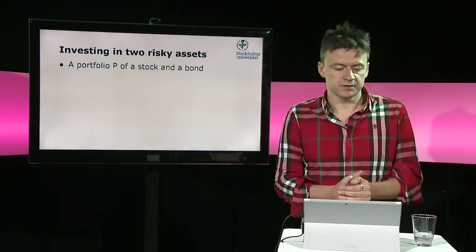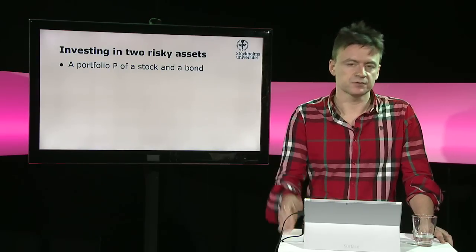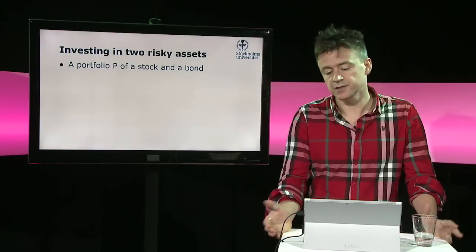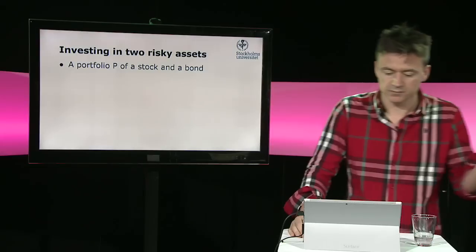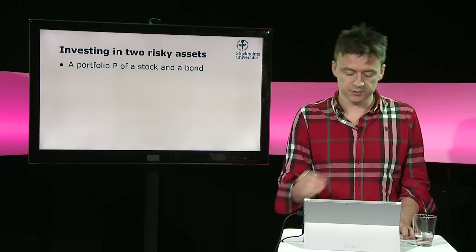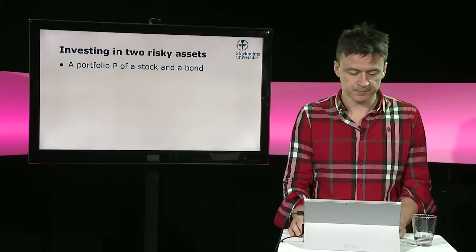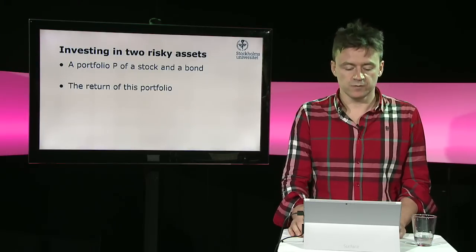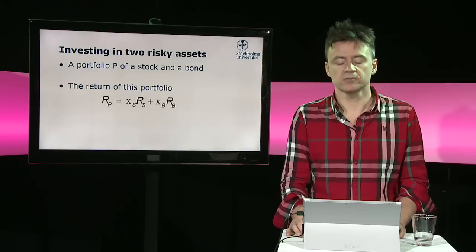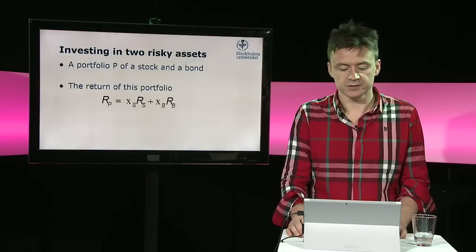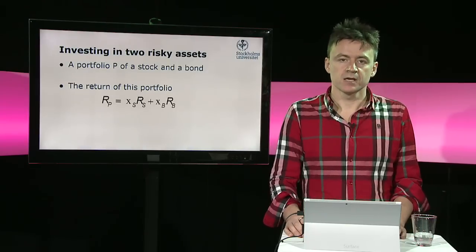So if we're investing in two risky assets, and suppose, just for illustrative purposes, that these two risky assets are a stock and a bond, it can be anything, but let's just do it like that. And suppose that we call any portfolio of these two P. Then the return of this portfolio will be given by that expression, as we already know, where XS is the weight on the stock and XB is the weight on the bond.